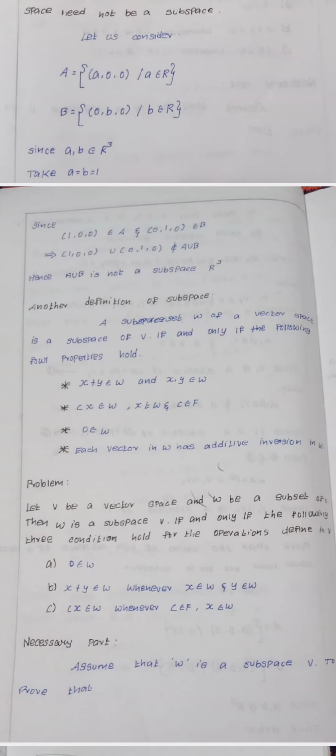Next we see another definition of subspace. A set W of a vector space V is a subspace of V if and only if the following properties hold.